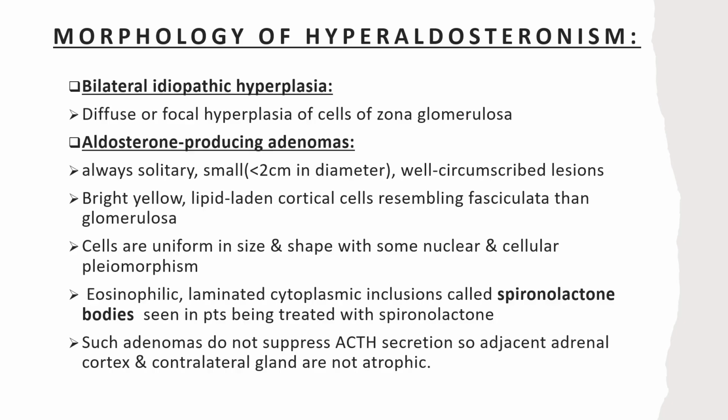So the trophic effect of ACTH on the adrenal gland is not compromised. That's why the adjacent adrenal cortex and contralateral gland are not atrophic. And also, we know that the zona glomerulosa is an ACTH independent region, so there is no effect of such things on the cortex, especially in the zona glomerulosa.